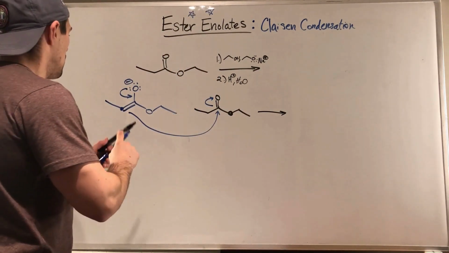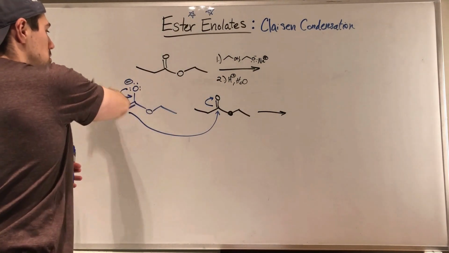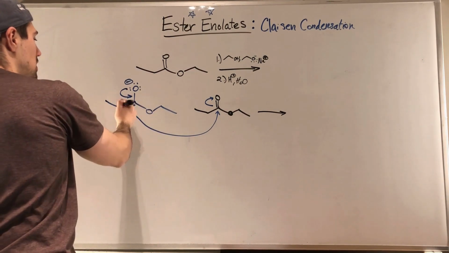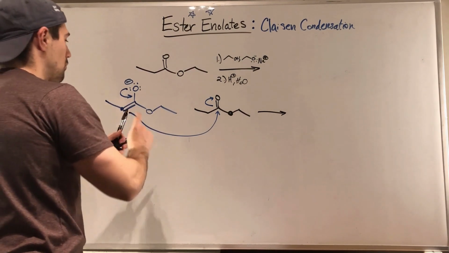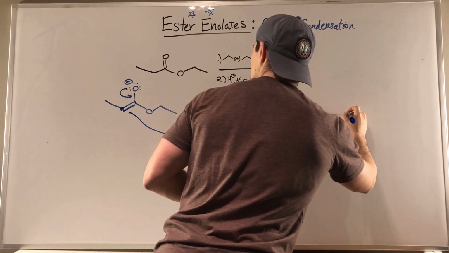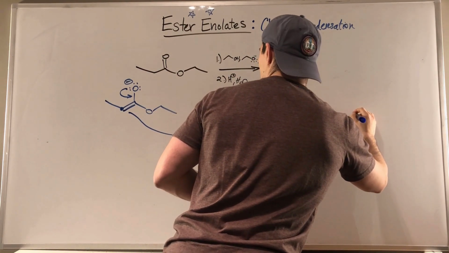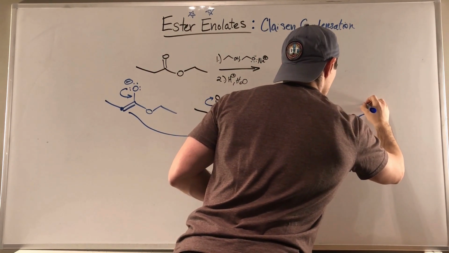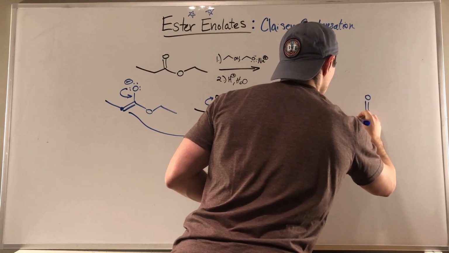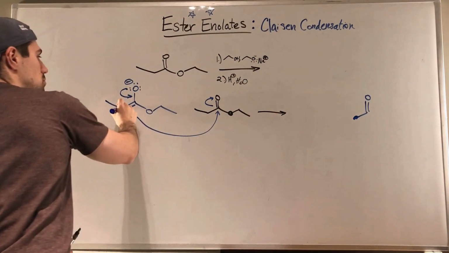So what do we get? I like to draw this part first, because we are bonded over here. I'm going to dot this carbon, which is where I bonded from.